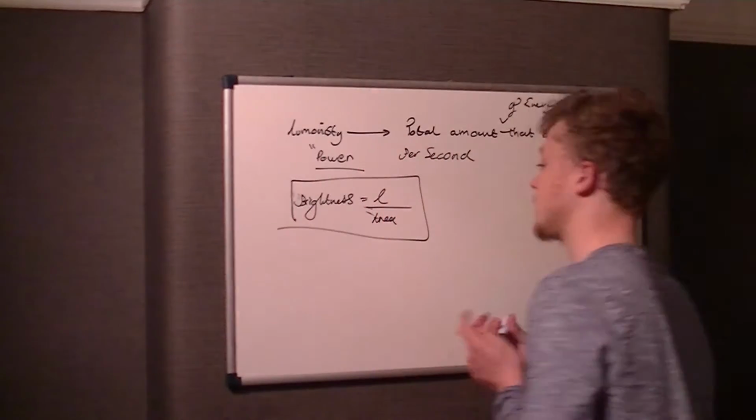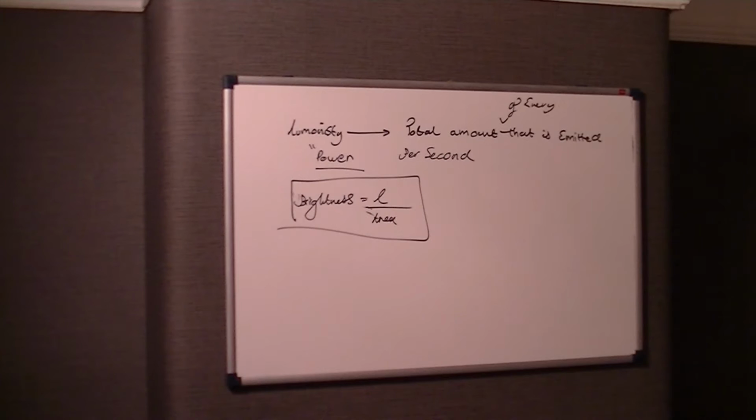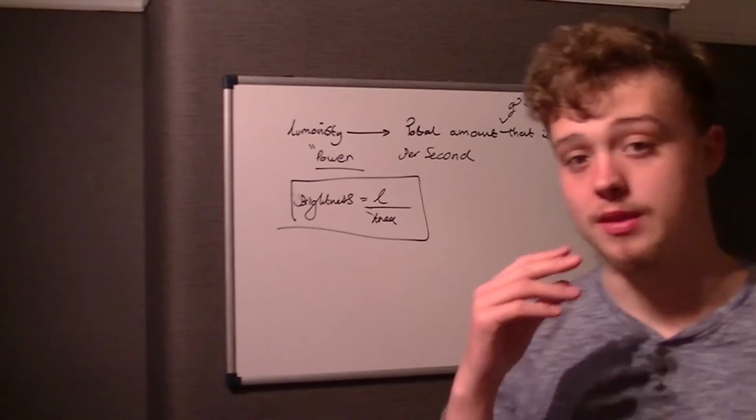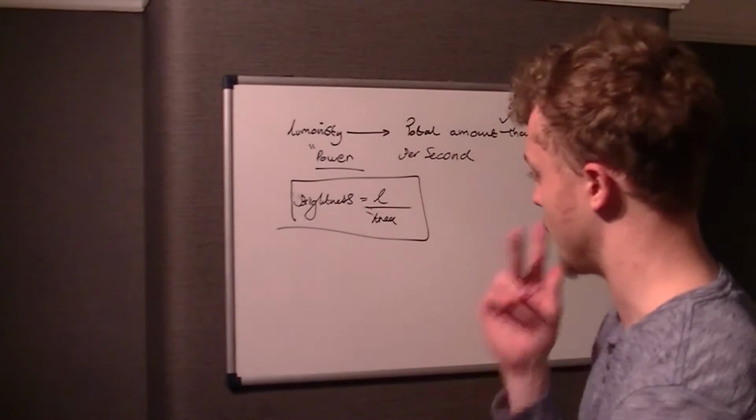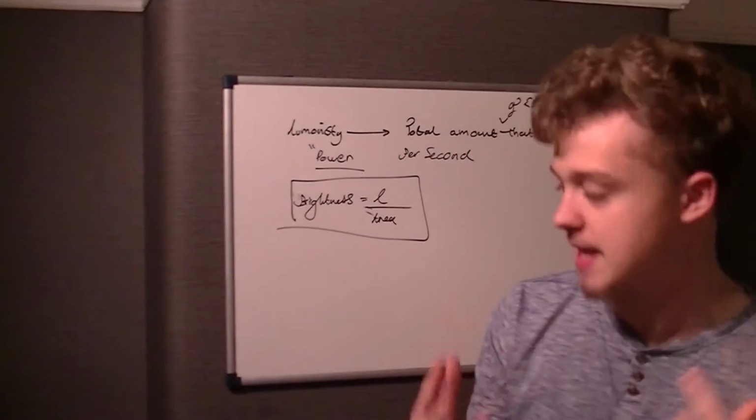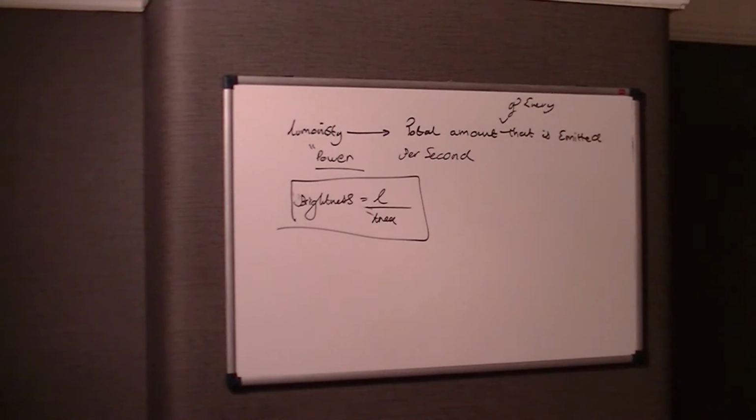So luminosity is if you're at the surface of the star, but with brightness we take into account the area. That's the key distinction between luminosity and brightness. Hopefully that's cleared a few things up.